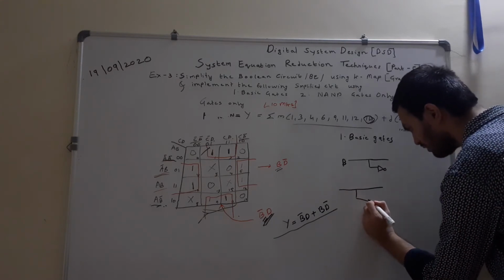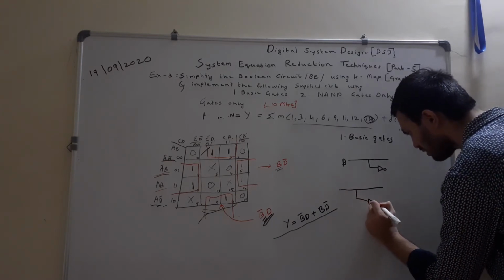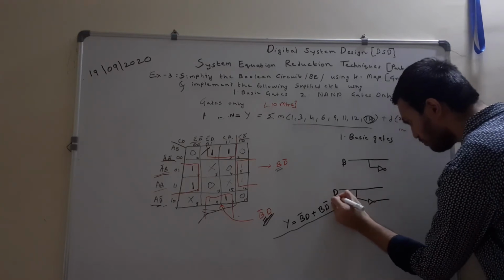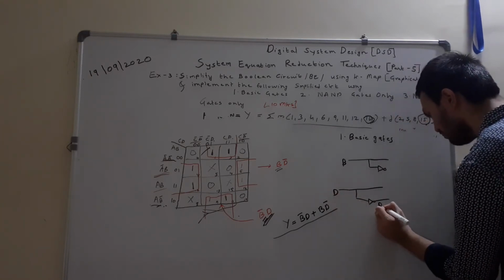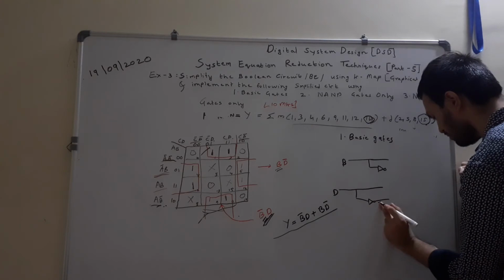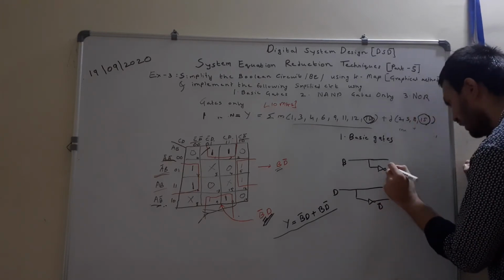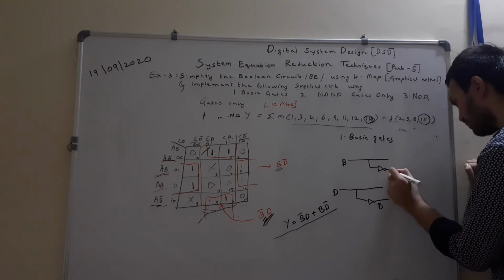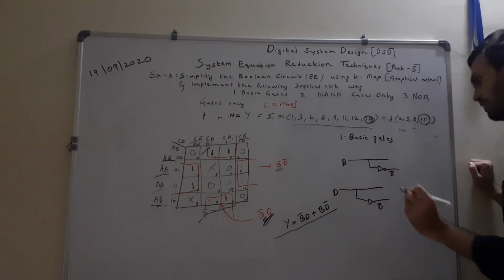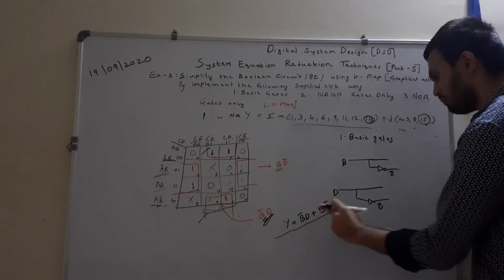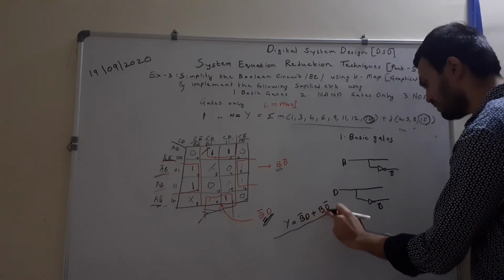So here let us take input variable d, and here d complement will be there at the output of this inverter or NOT gate simply, and at the output of this NOT gate b bar will be generated. Now what is our circuit? So b bar into d plus bd bar.